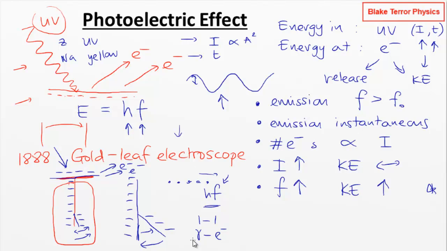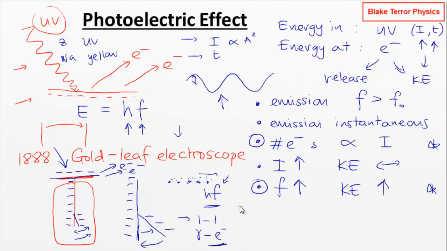In which case, one-to-one interaction, if you increase the intensity of the incoming radiation, that means you're getting more photons. So that explains this one here. Increase the intensity, you're getting more photons, you're getting more one-to-one interactions, so you're getting more photoelectrons, which is what we've seen in this third observation.